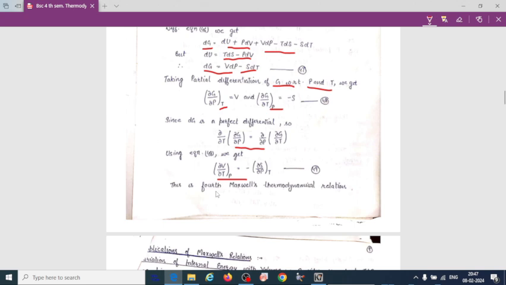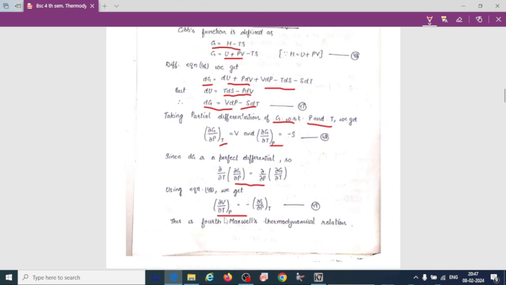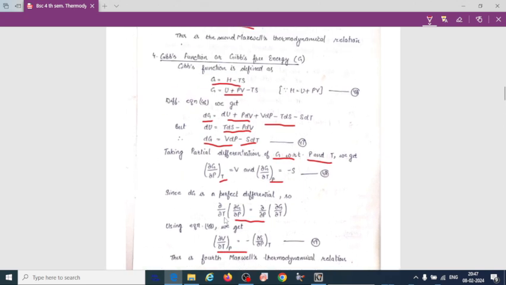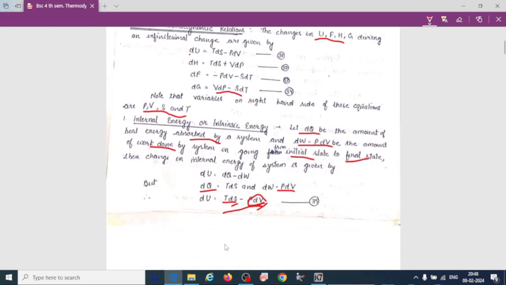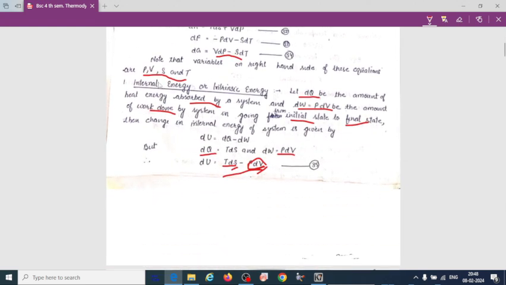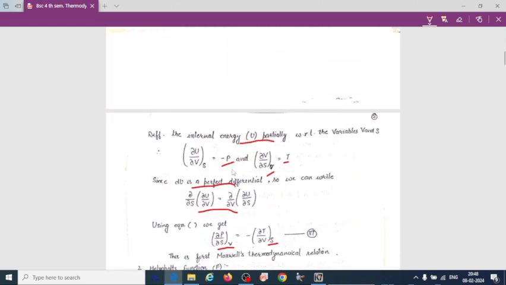So here we have derived the four Maxwell's thermodynamic relations, and these equations are very important for your exam. Many questions are going to be from this topic, so you should remember all these four equations. The first Maxwell thermodynamic relation is with respect to internal energy.